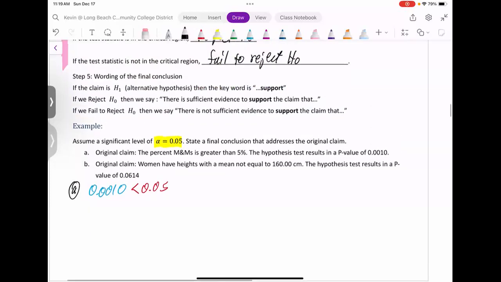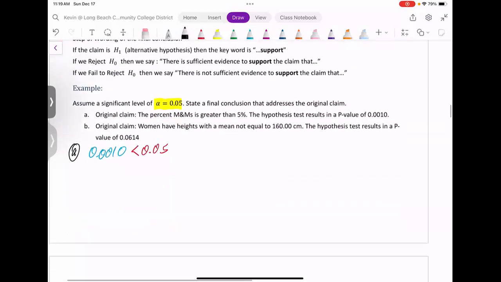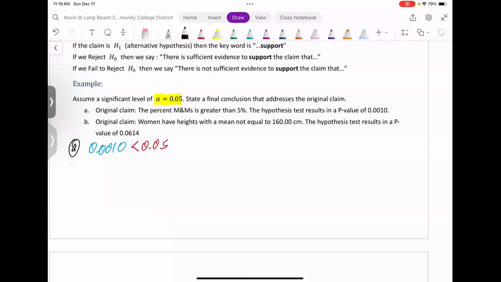So if our p-value is less than, we're going to reject the null hypothesis. So there is evidence to support the claim, which is that there's more than 5% of M&Ms.